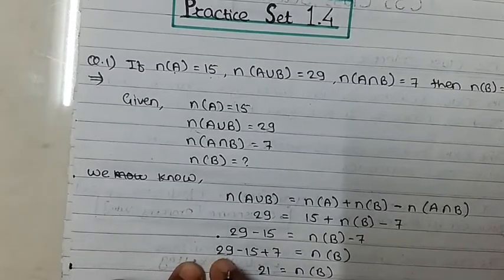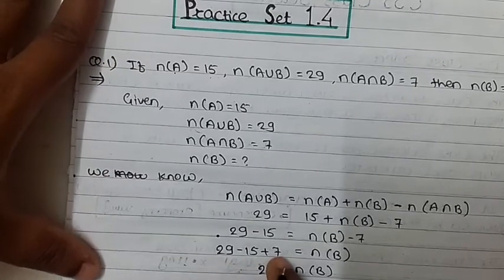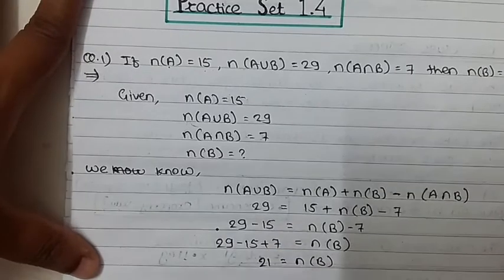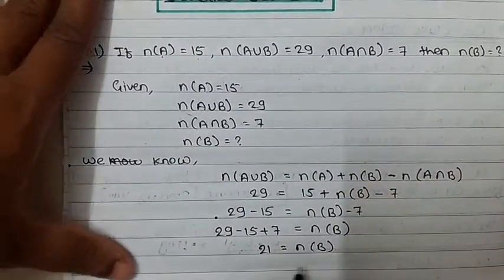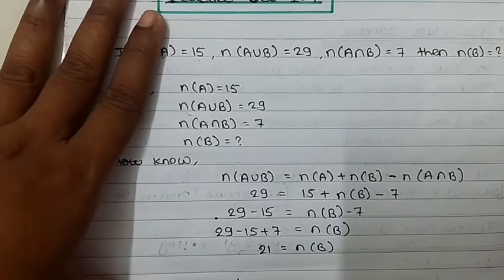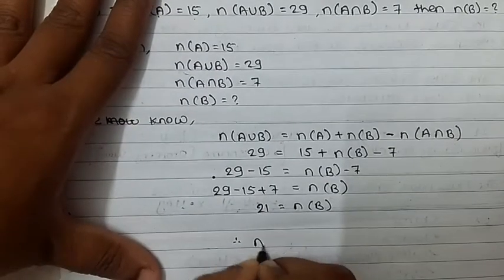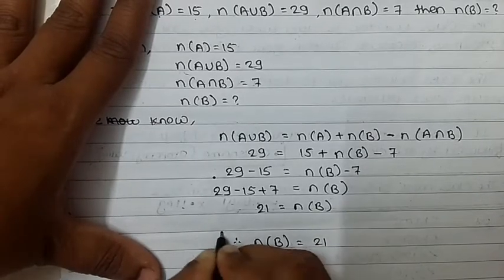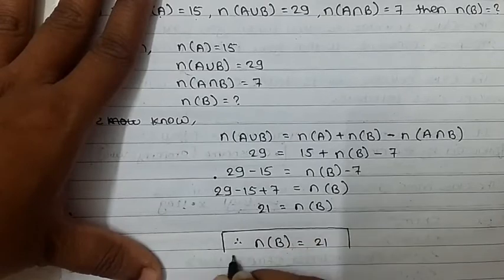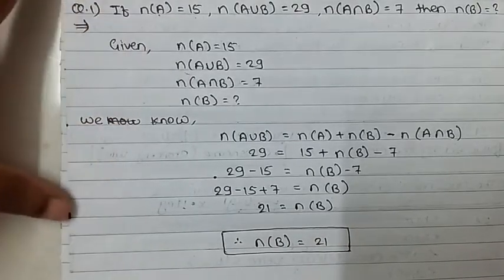When we subtract 15 from 29 and then add 7, what is the value of your answer? n of B is equal to 21. So write down one statement here: n of B is equal to 21, and this is your answer. Understand this one? Okay.